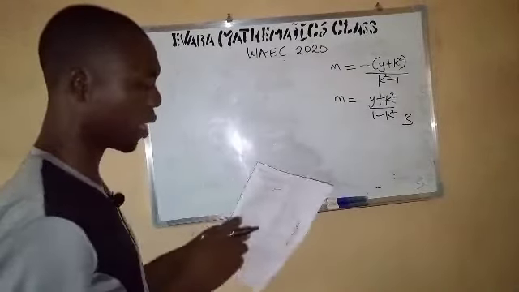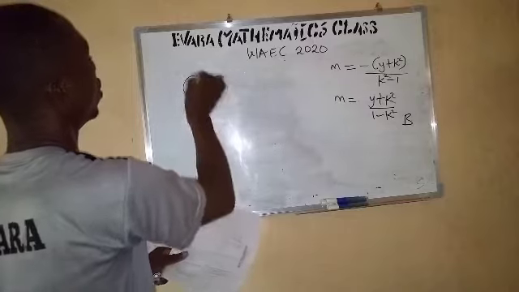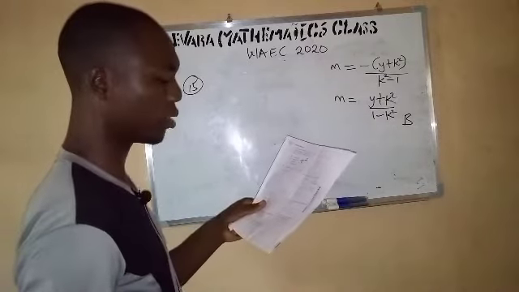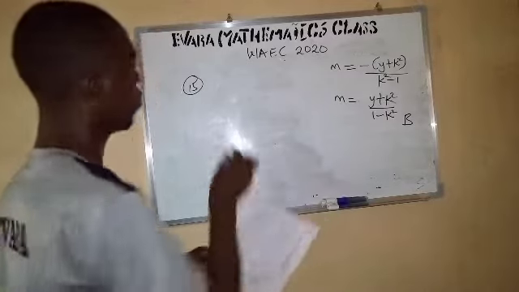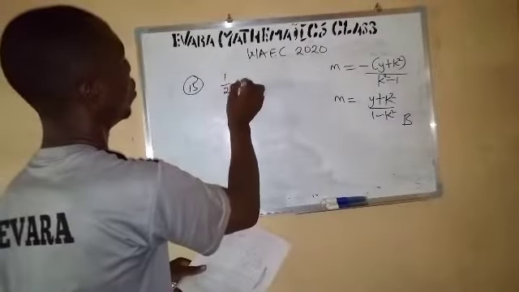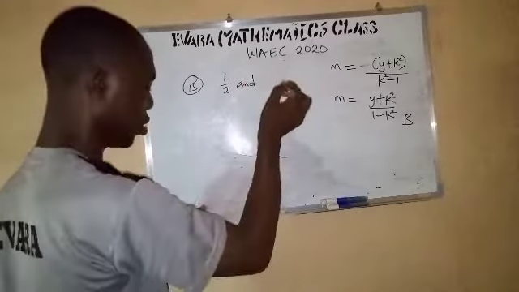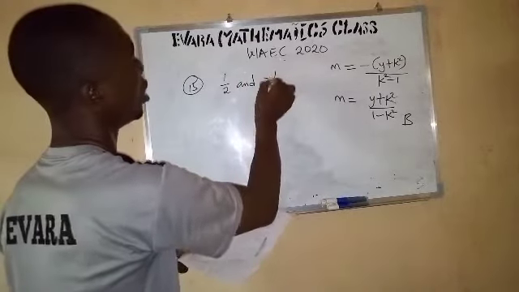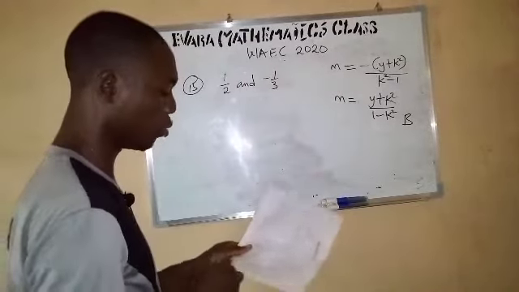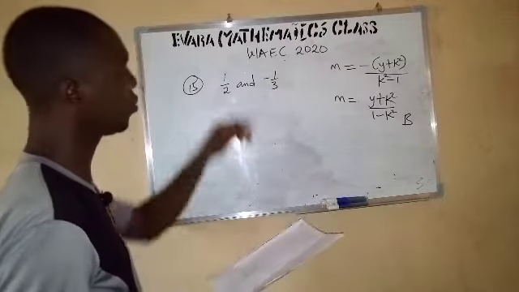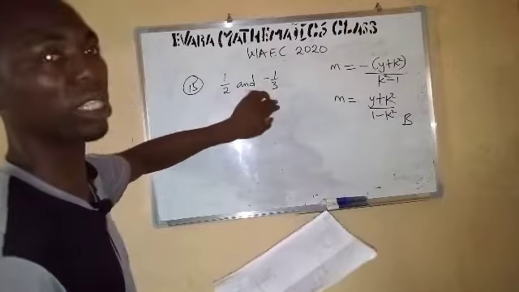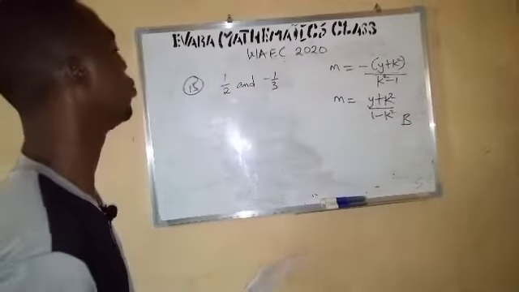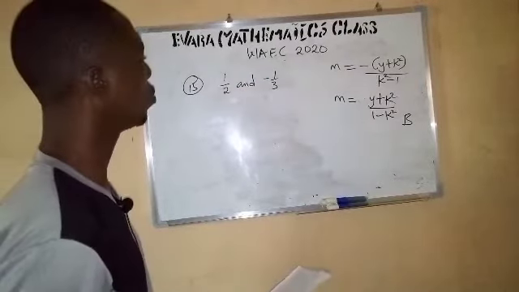We are asked to find the quadratic equation whose roots are 1 over 2 and minus 1 over 3. We are to use these roots of an equation to construct the quadratic equation that produces the roots. So how do you do this?